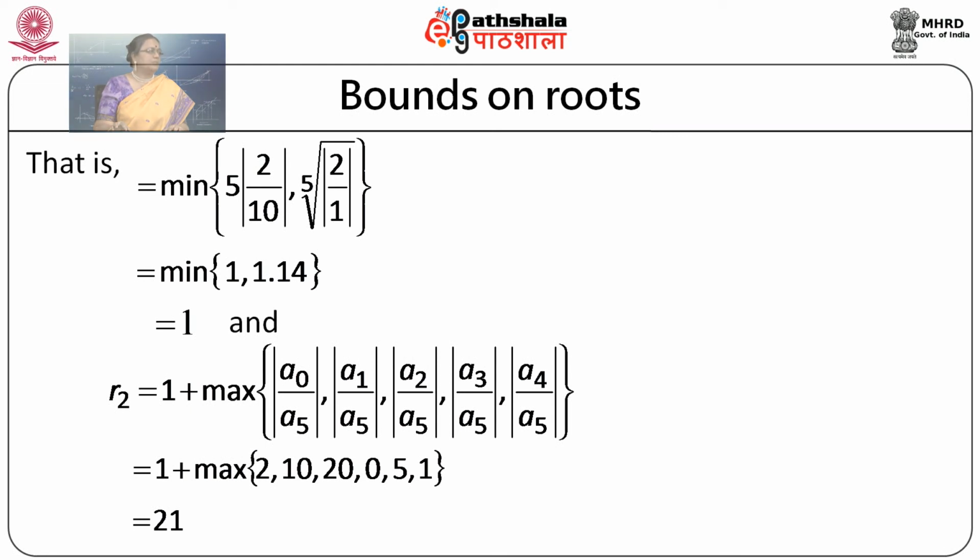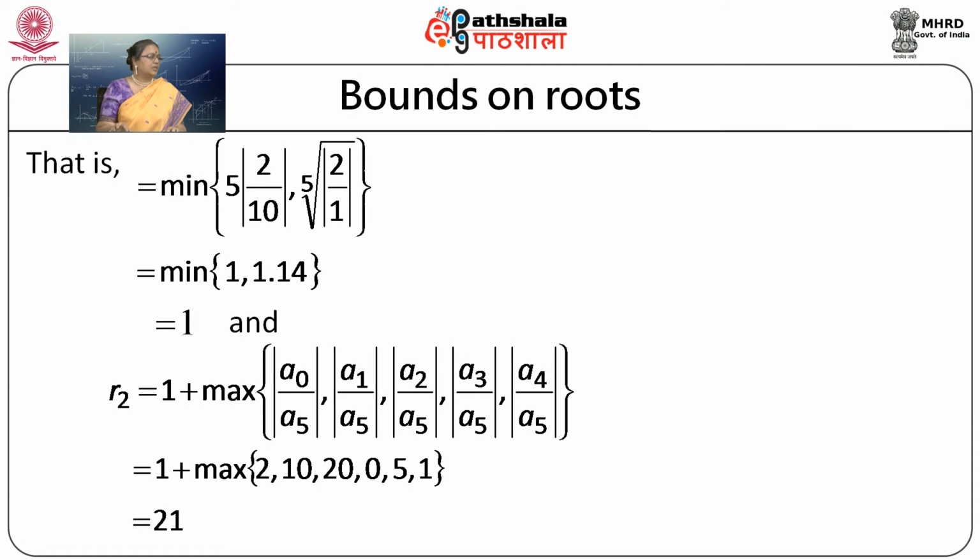So, r2 is 1 plus the maximum of the absolute value of ai by a5, where i is changing from 0 to 4. So, the absolute values of a0 by a5, a1 by a5, a2 by a5, a3 by a5, a4 by a5. And let us substitute these values. a5 is 1.